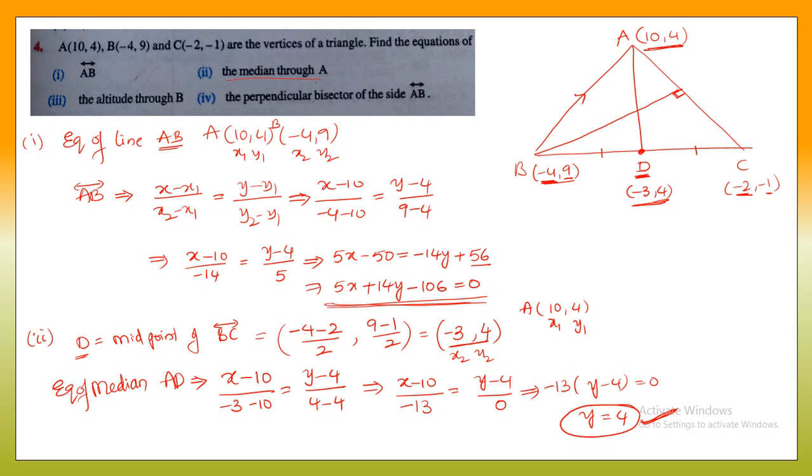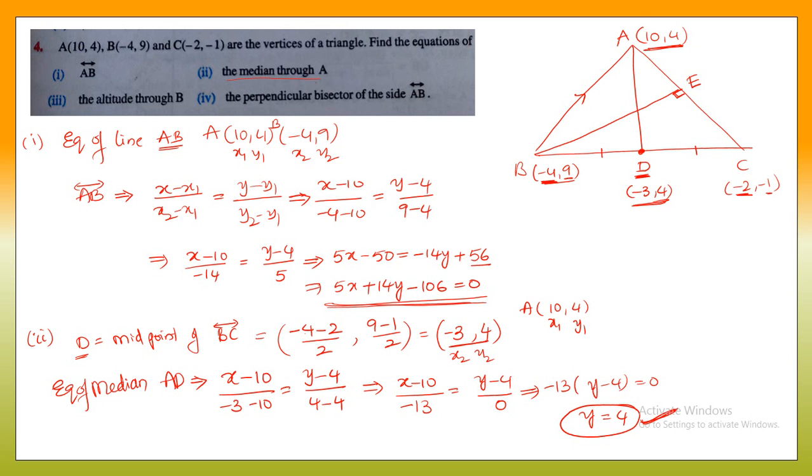Now if I want to find the altitude through B, then how can I find it? First of all, we are going to find the slope of AC. If I find the slope of AC, then I can directly get the slope of the altitude. Suppose I consider this point as E, then I can get the slope of BE, because BE is perpendicular to AC, no?